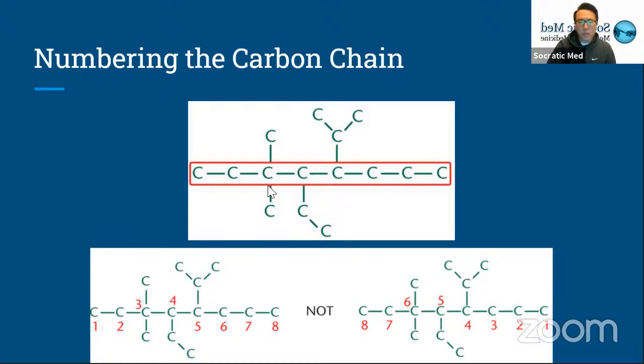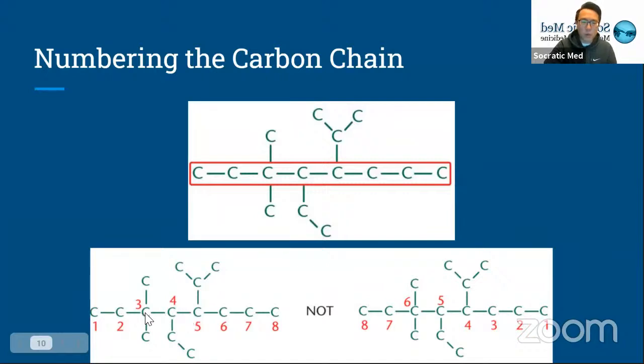And then, like I said before, when numbering the carbons, you have to give the highest priority functional group the lower numbers. On the left here, the 3, 4, and 5 carbons have substituents attached to them, right?